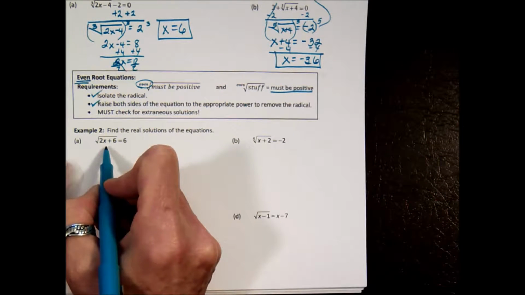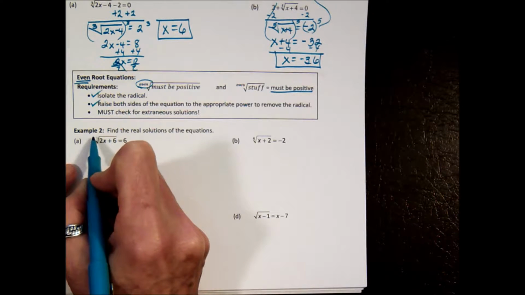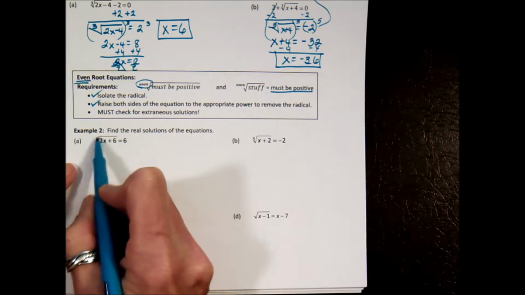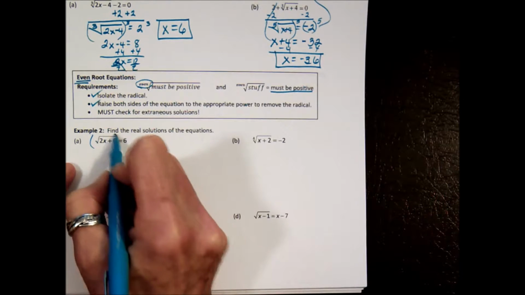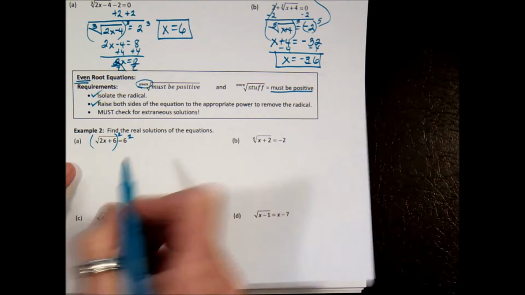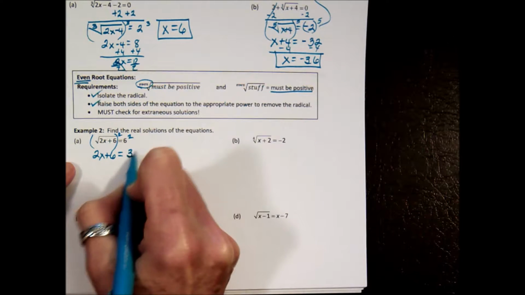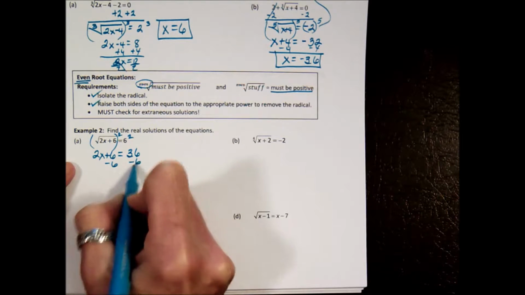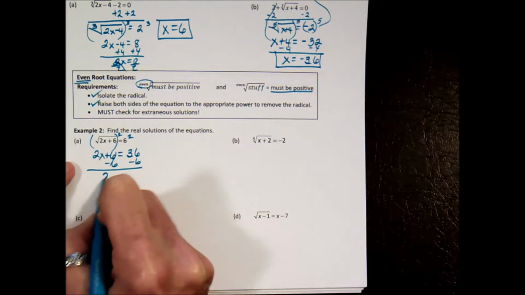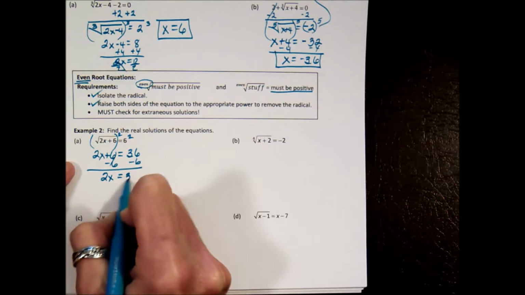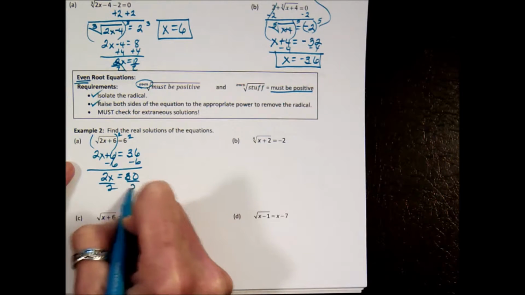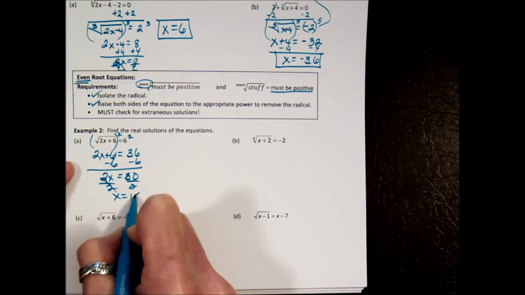So here, it is an even root, it's a square root, and the radical is already isolated, so we're going to square both sides. That gives me 2x plus 6 equals 36. I subtract a 6 to isolate my variable. I get 2x equals 30. We divide by 2, and we get x equals 15.